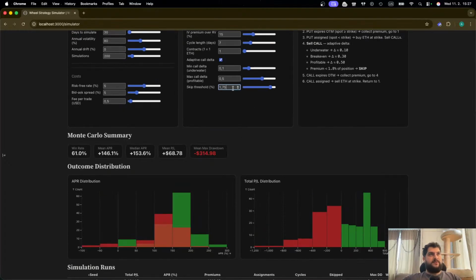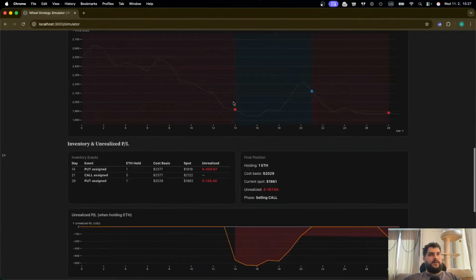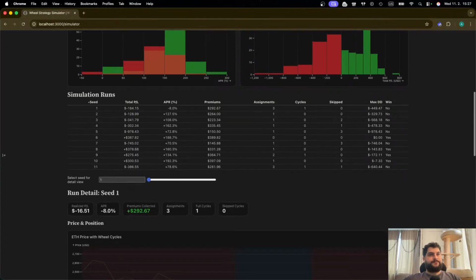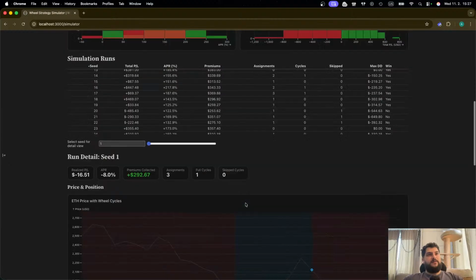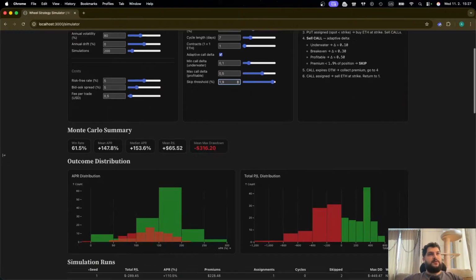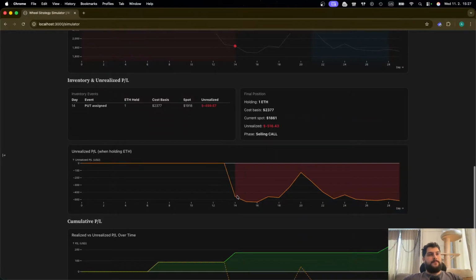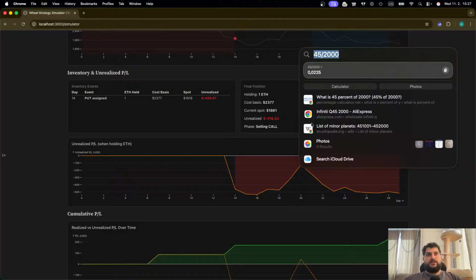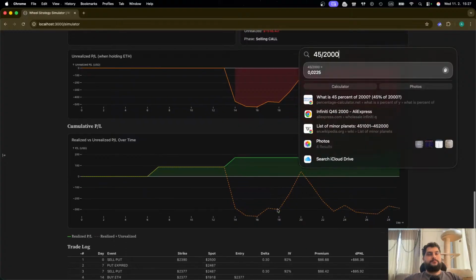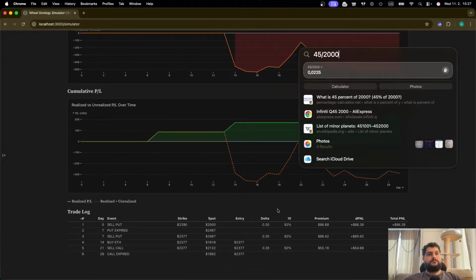Okay, 1.75 is here, 1.8 here, 1.85 still here. Okay, so apparently it was something like this, I think.